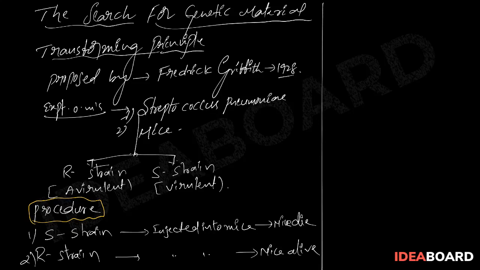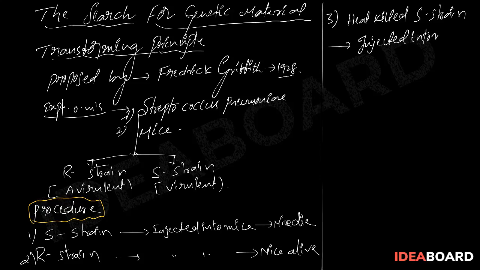Next, instead of normal S strain, Griffith used heat-killed S strain bacteria. He injected heat-killed S strain bacteria into mice, but the mice lived.